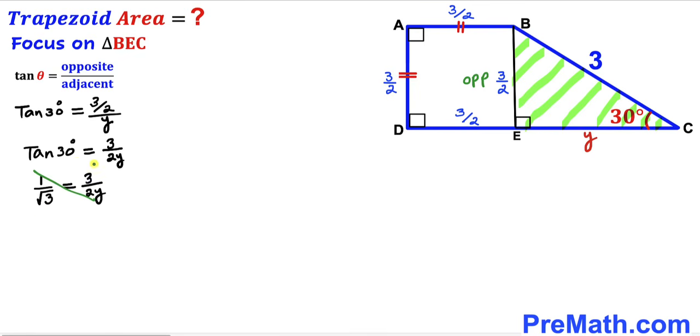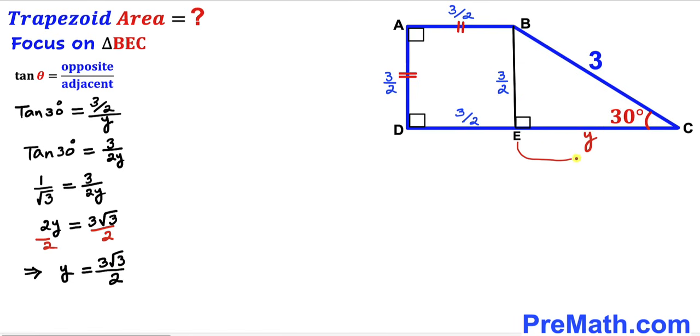Let's cross multiply. We get 2 times y equal to 3 times square root of 3. Now I am going to divide both sides by 2 to isolate y, so our y value turns out to be 3 times square root of 3 divided by 2 units.